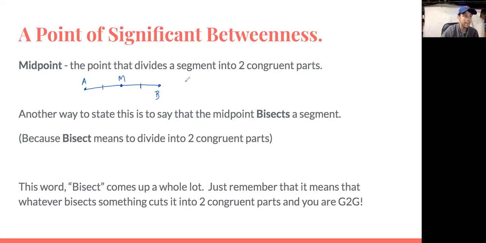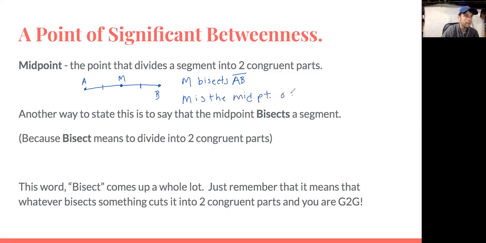Another way we might say it, we might say something like M bisects the segment AB. So in words, we might say something like that. Or we might just say M is the midpoint of AB.